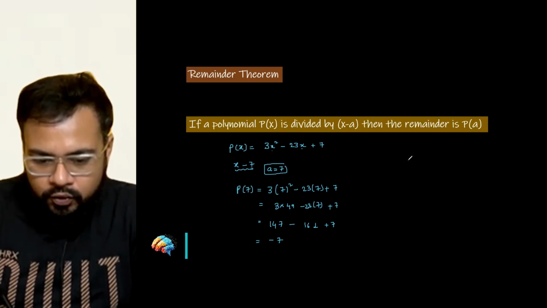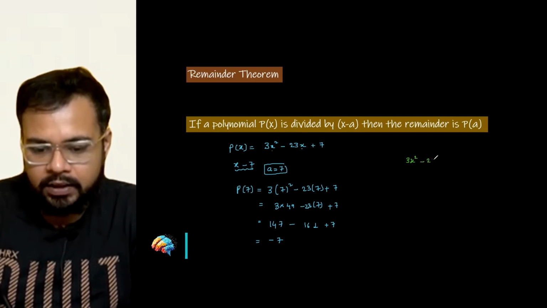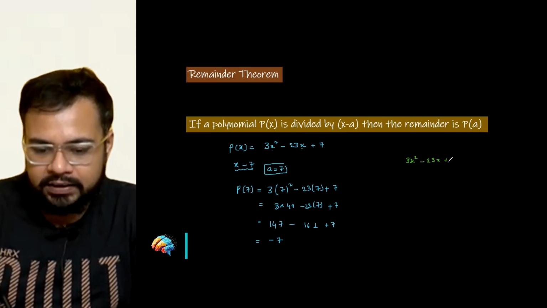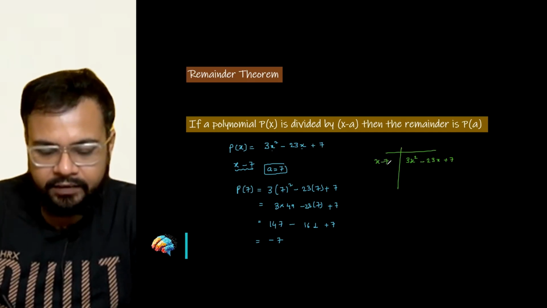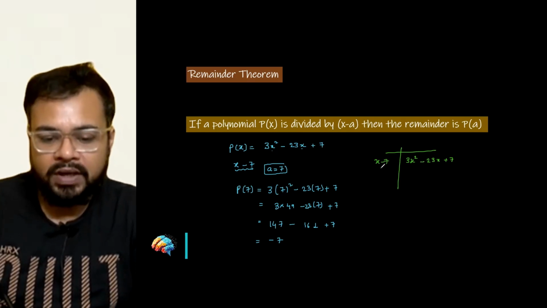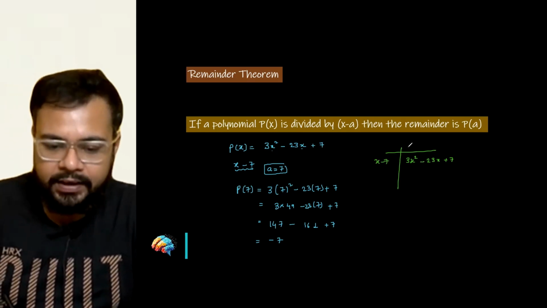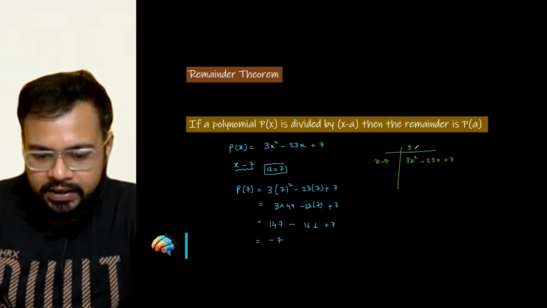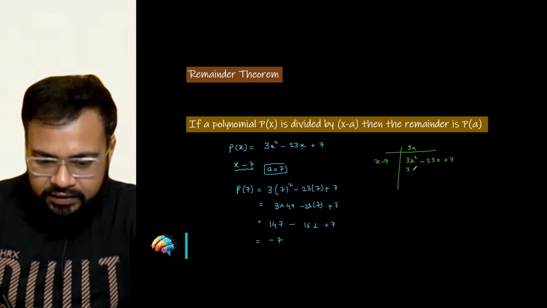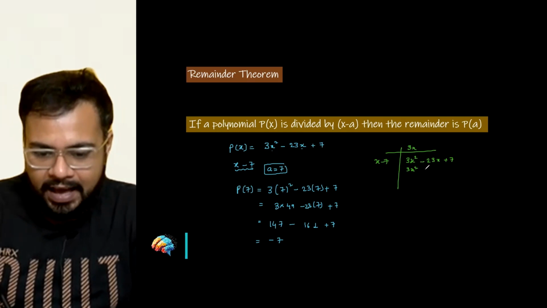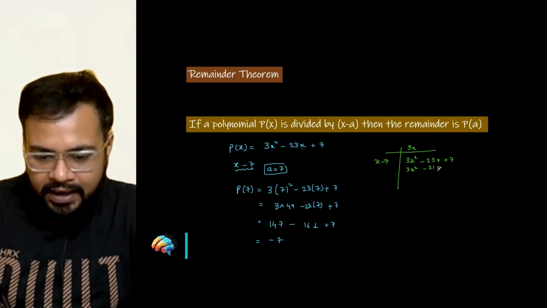So what I'm going to do is divide 3x square minus 23x plus 7 by the divisor that I have, x minus 7. Now we all know, to match the leading term, I will be taking 3x, so that will give us 3x square minus 21x.